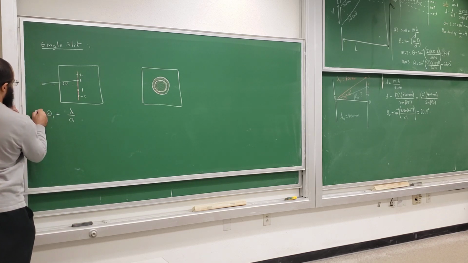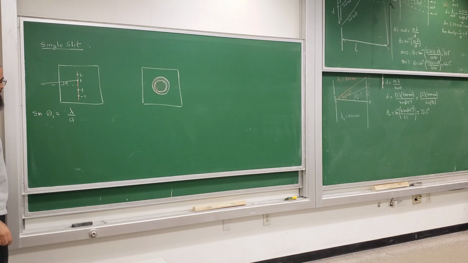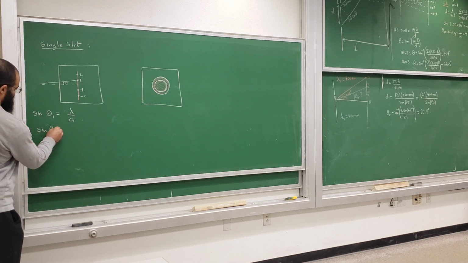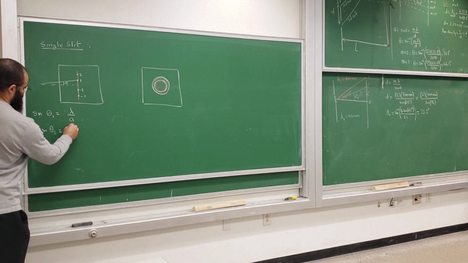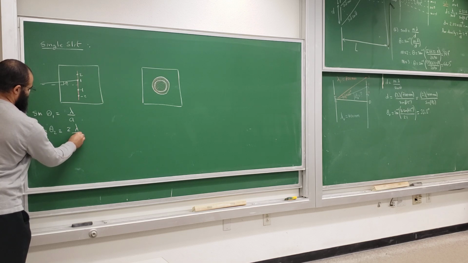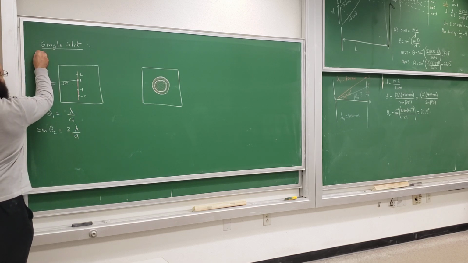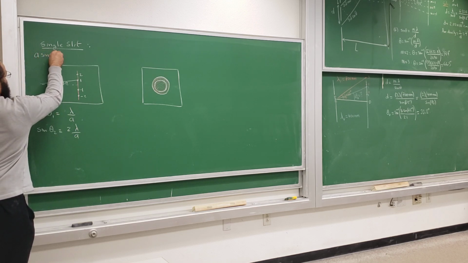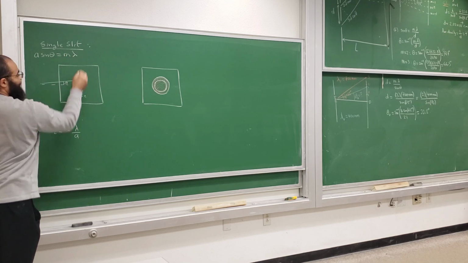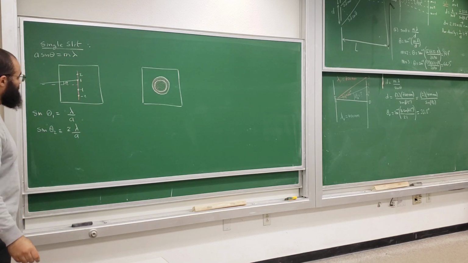Sine theta 1 was lambda over a. Okay. And then sine theta 2 was what? Twice lambda over a, right? Yes, I'm quoting this: a sine theta is equal to m times lambda. That's the one I'm trying to quote.